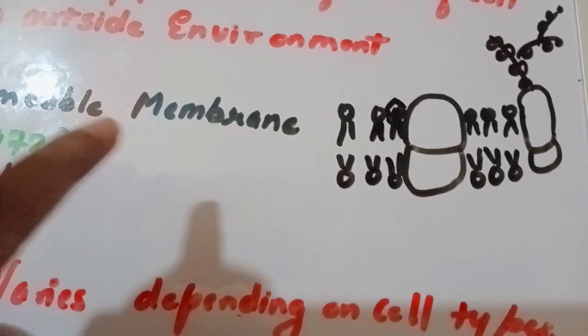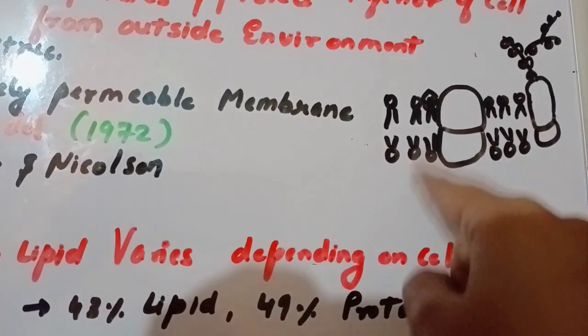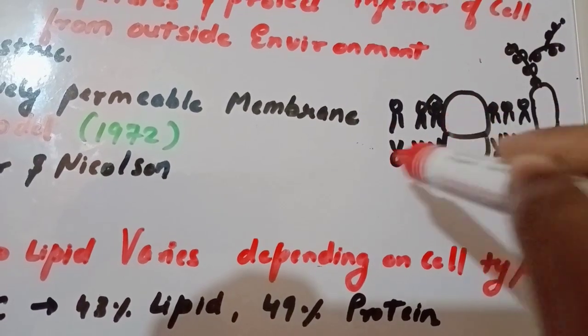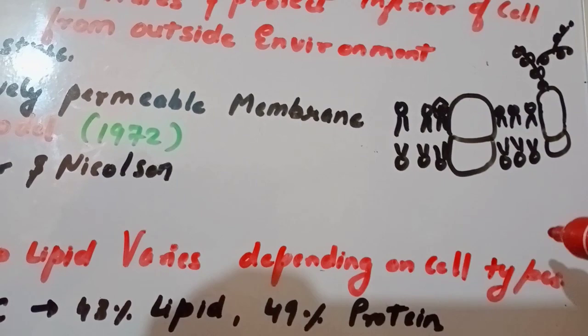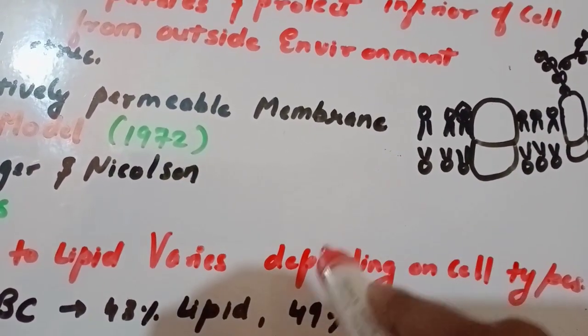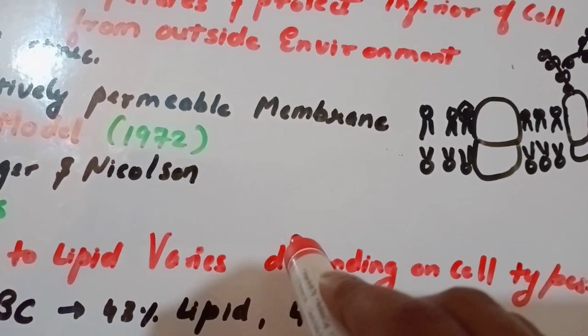This is an integral protein. Some proteins are fully integrated in these bilayers. They are called integral proteins, whereas some proteins are present at the peripheral region. Those proteins are called peripheral proteins.